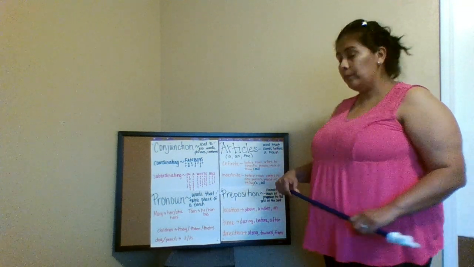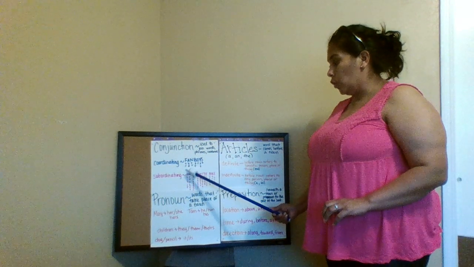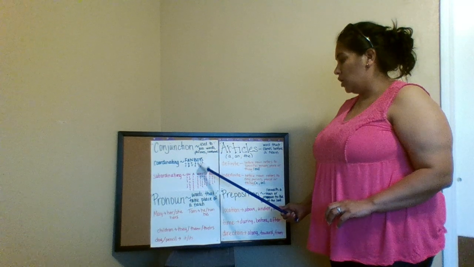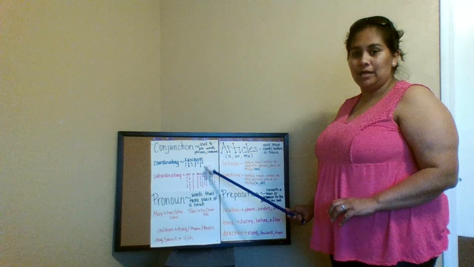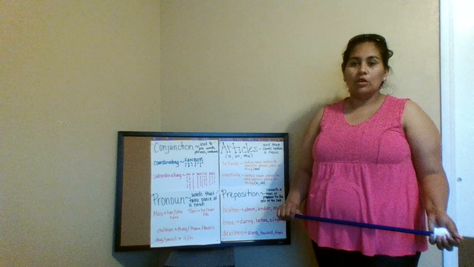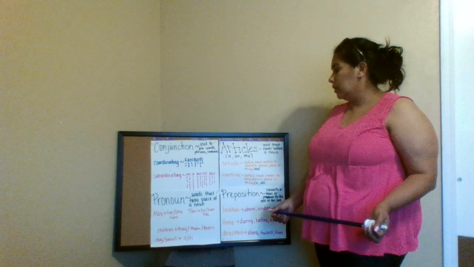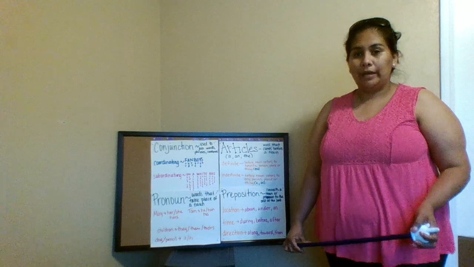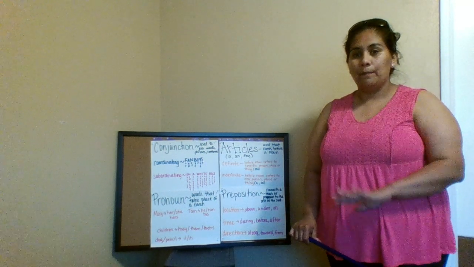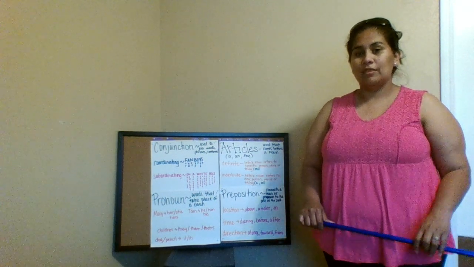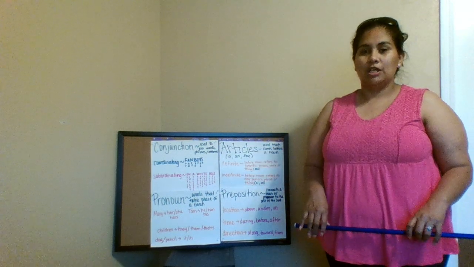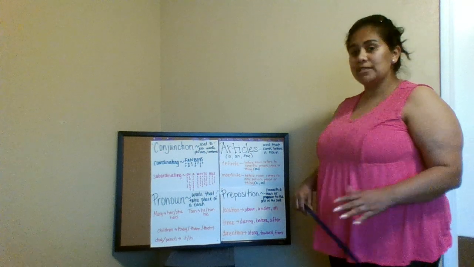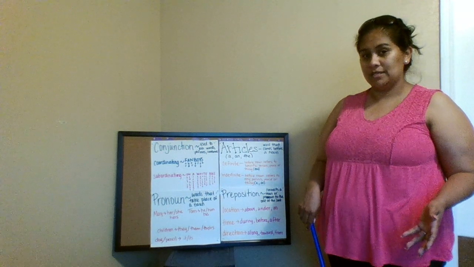Remember, fanboys is made up of for, and, nor, but, or, yet, and so. A coordinating conjunction will make a compound sentence if everything before the conjunction and everything after the conjunction is a complete sentence on its own. If it's not, then it's just a simple sentence.